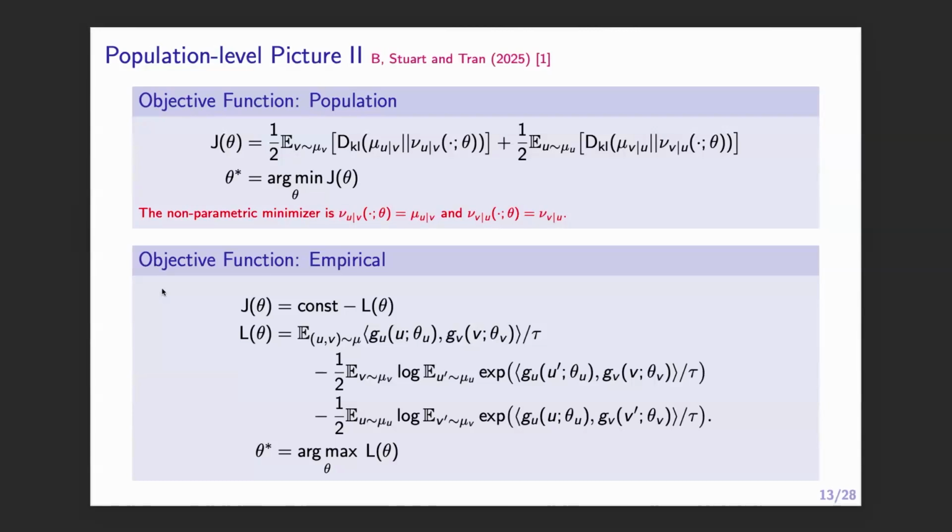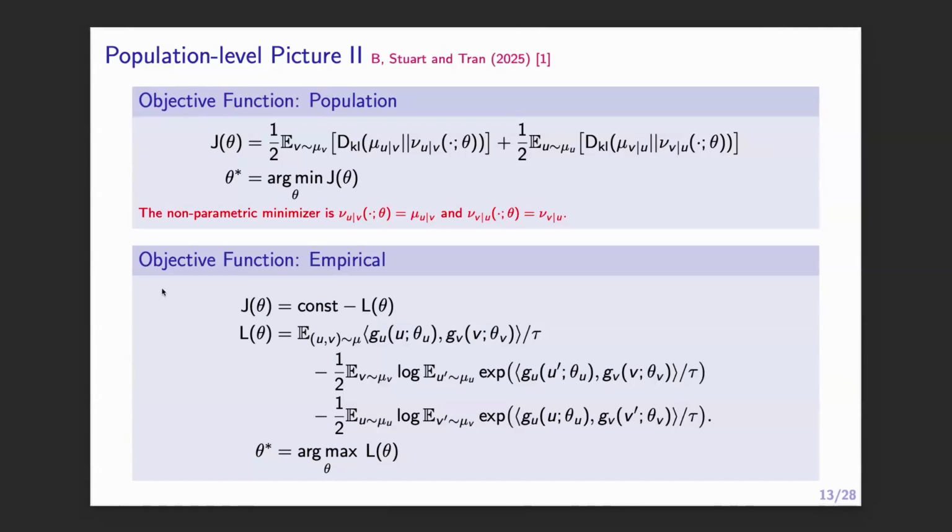Now, while this looks kind of contrived at the moment, the reason we arrived at this objective is that if you do some simple calculations and unpack it under the particular data model and approximate model that we wrote down, the objective J that you would minimize can actually be written, as an optimization problem, as equivalent to one where you maximize an objective L, which is precisely the population level objective of what's written down, at least in code, when trying to find these encoders.